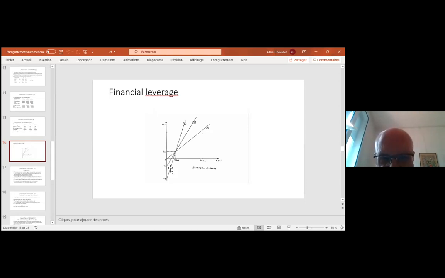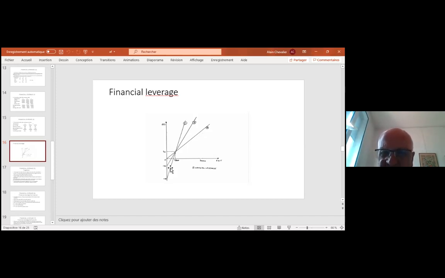Now, if you have a look at what's happened for C, which is 75-25, we are in a situation which is very similar to B compared to A, but the fact we have a higher percentage of debt, a higher debt equity ratio than in B, increases all the impacts.